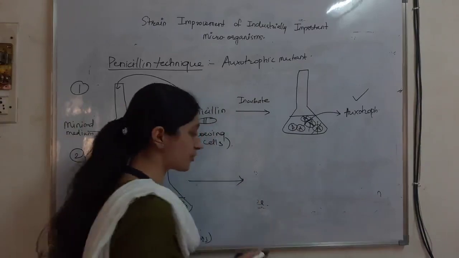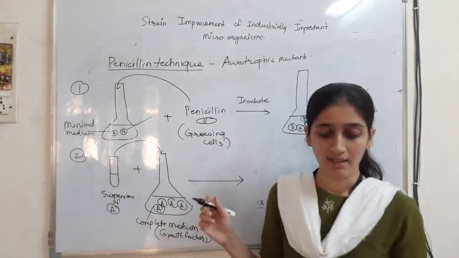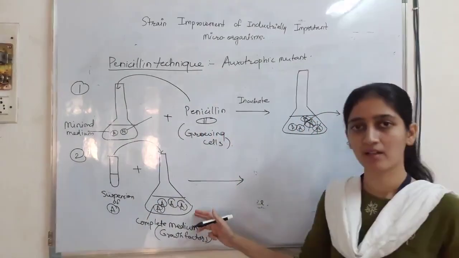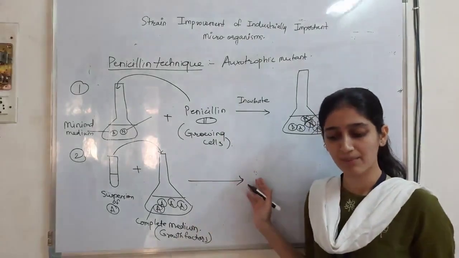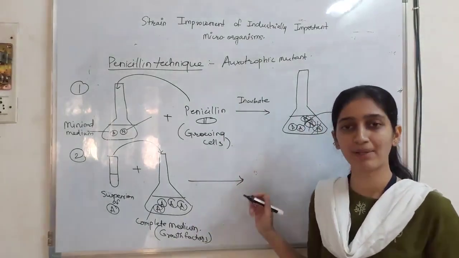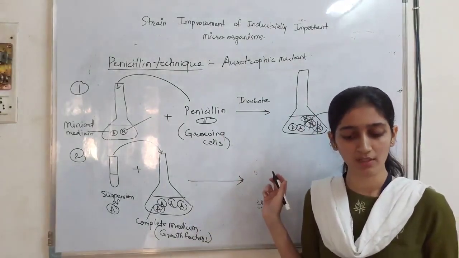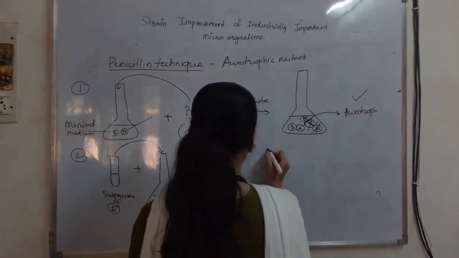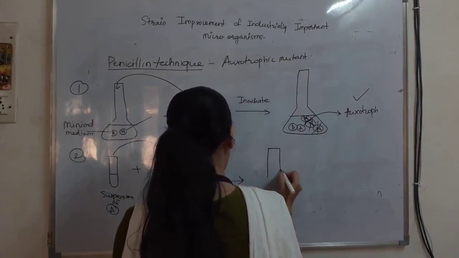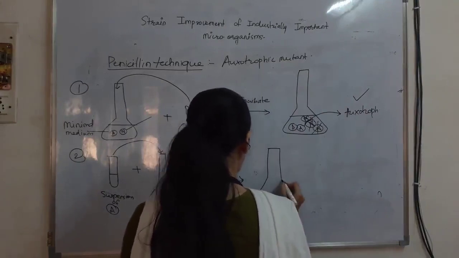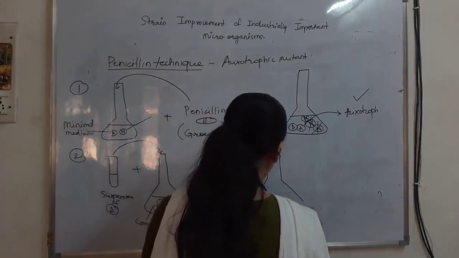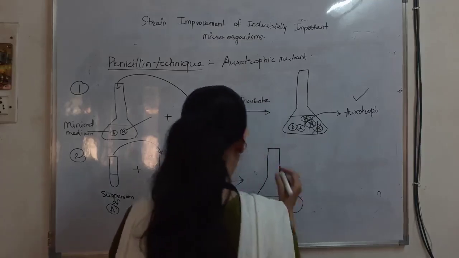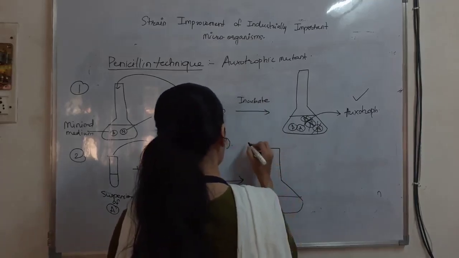Now what we can do is centrifuge the broth, separate the cells, wash them, and place them in a broth containing penicillin.